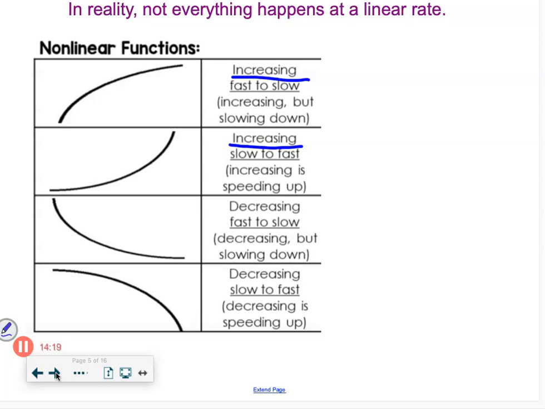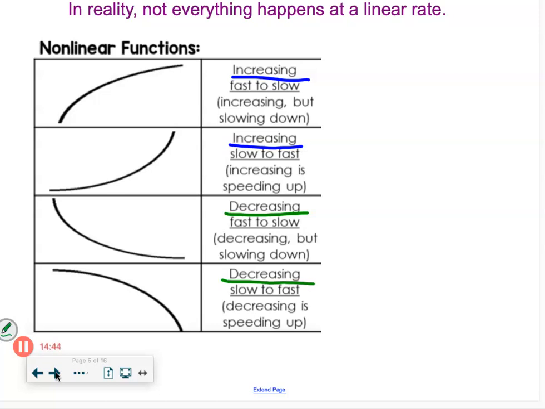The bottom 2 graphs are both what? Decreasing. Now this one is slowing down and this one is speeding up for decreasing purposes, right? So we're slowing down, we're speeding up. Now, technically, even though we're slowing down, the slopes are technically getting bigger.